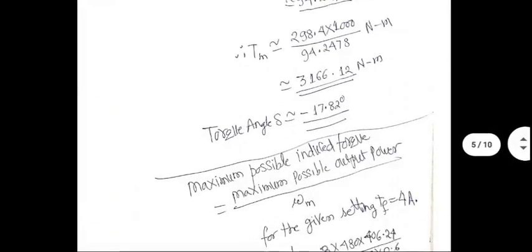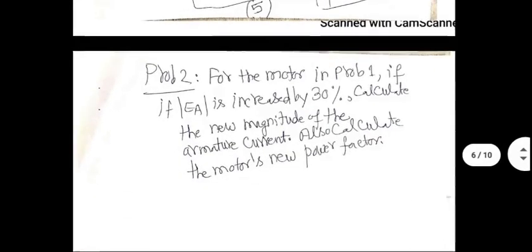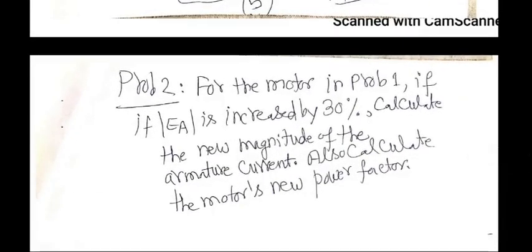Okay, next problem. Yeah, here we go. Something similar to what I was asking. For the motor in problem 1, if the magnitude of EA is increased by 30%, which will be done only by increasing IF, as far as I can see, what will be the new magnitude of the armature current?